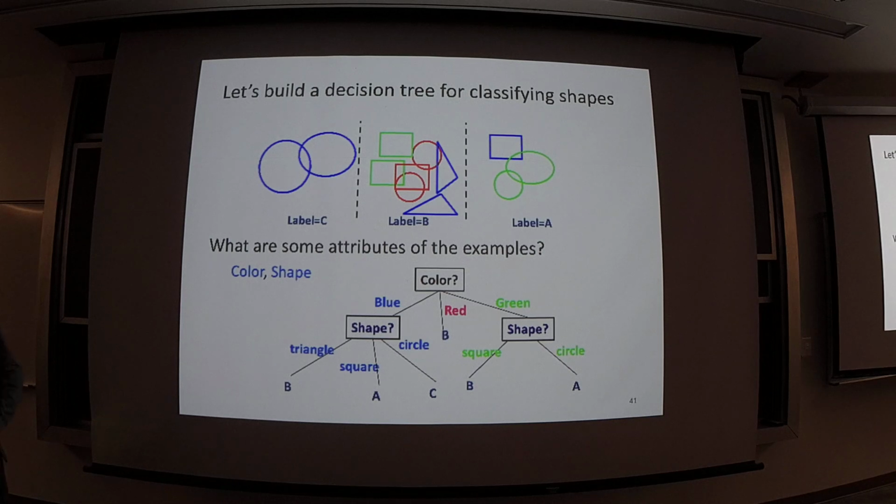For example, from this set of data, those instances are colored shapes. We can pick the attributes in some particular order to create the tree, and each node in the tree represents a subset of data. Obviously, the root node represents the entire set of data, and each node is associated with some feature to do the split.